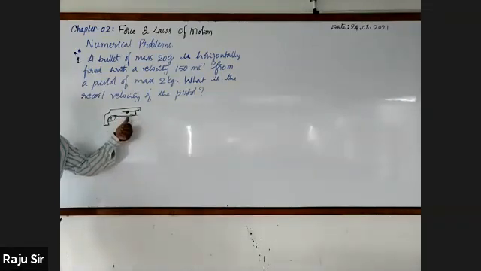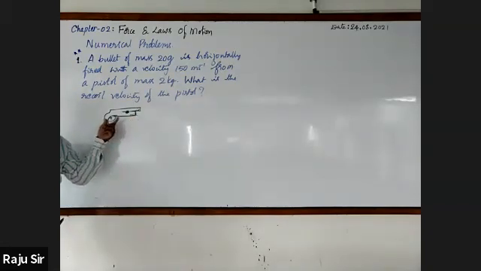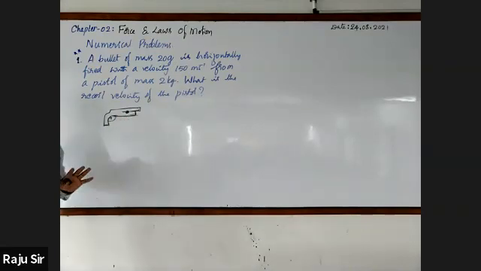This is the bullet and this is the pistol, right? Before firing, what is the state of these two? At rest, sir. What is the initial velocity of the bullet? 0. Initial velocity of the pistol? 0. Both are 0.